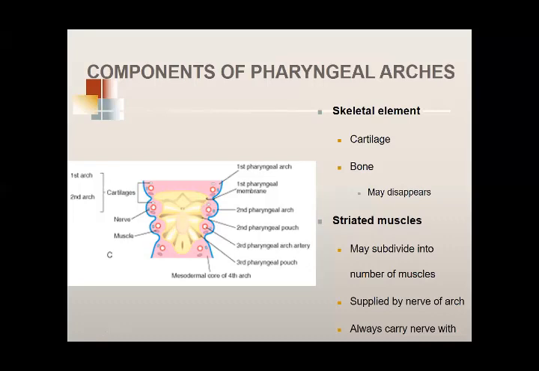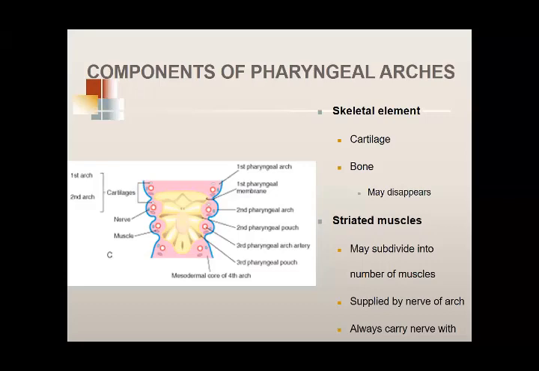By skeletal component, I mean it can either be a cartilage or it can be a bone. So every arch has its own cartilage or bone, or both, or none. बने तो थे लेकिन later on जाके degenerate कर गए. But to begin with, yes, it has a skeletal component, which could be a cartilage or a bone.